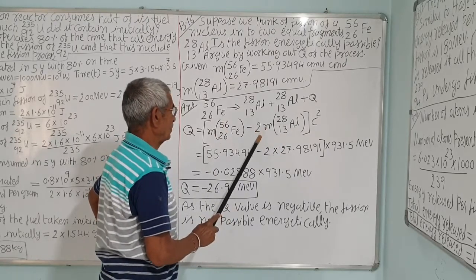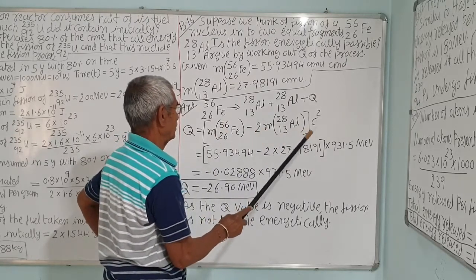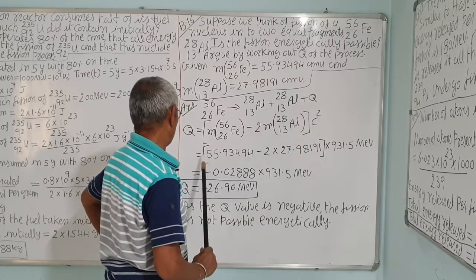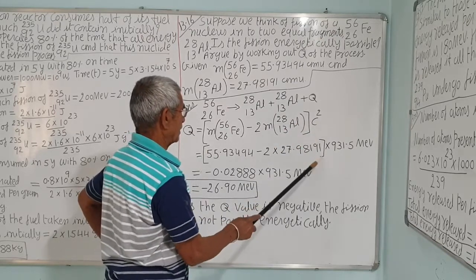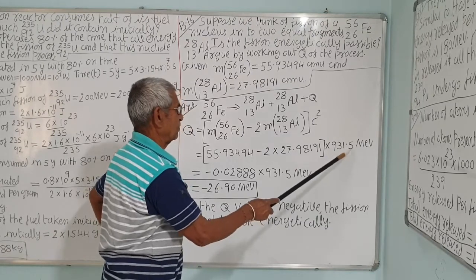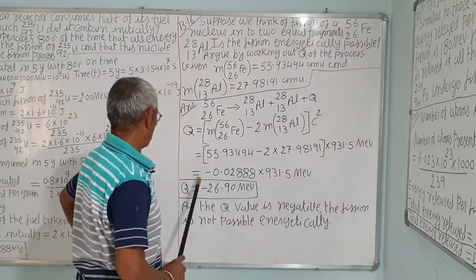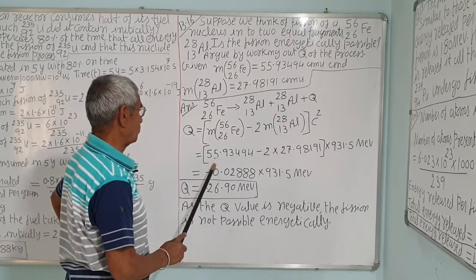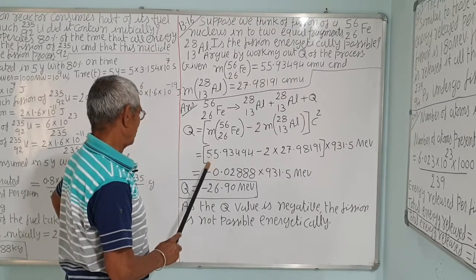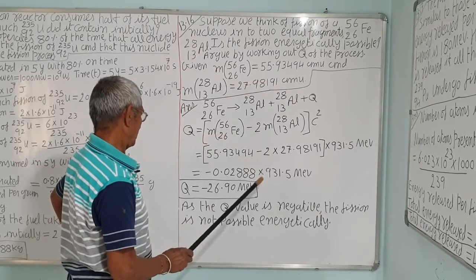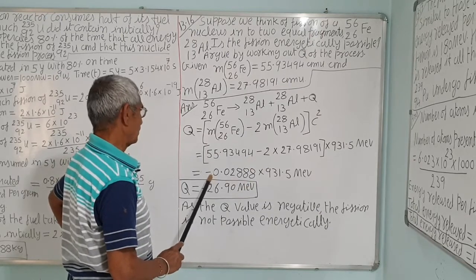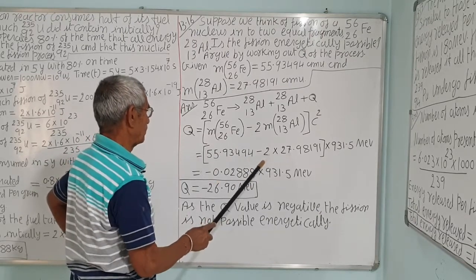So you can calculate the energy by multiplying the mass defect by 931.5 million electron volt. Remember, this is more than this.